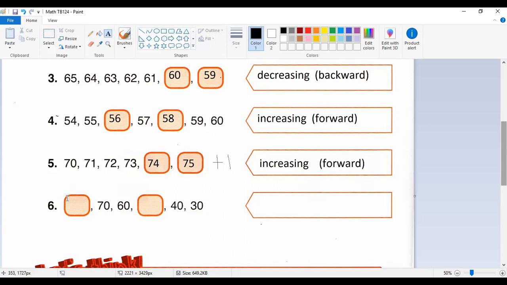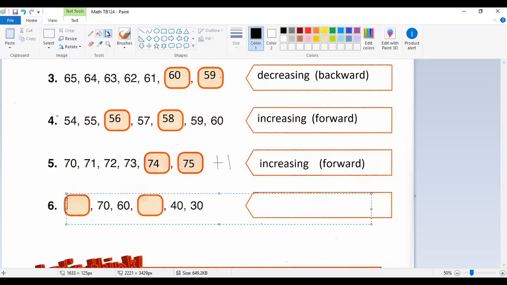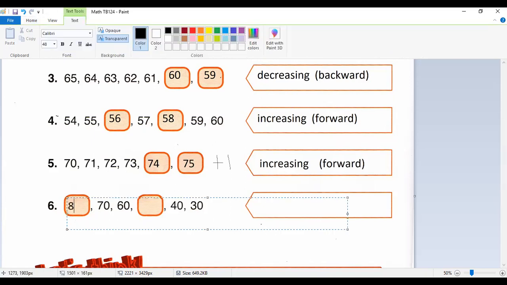So here we're going to have 80 minus 10 is 70. 70 minus 10 is 60. 60 minus 10 is 50. 50 minus 10 is 40, and 40 minus 10 is 30.